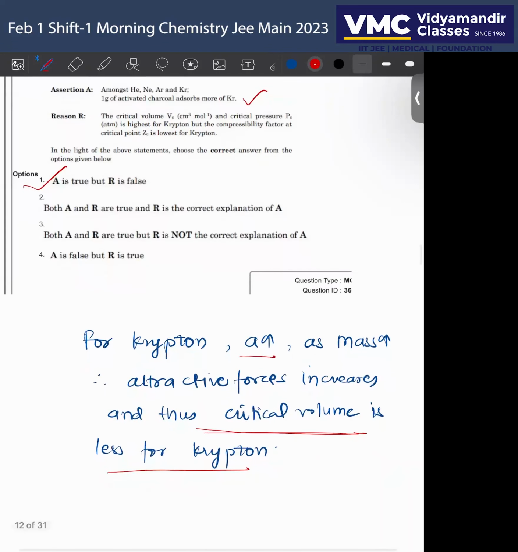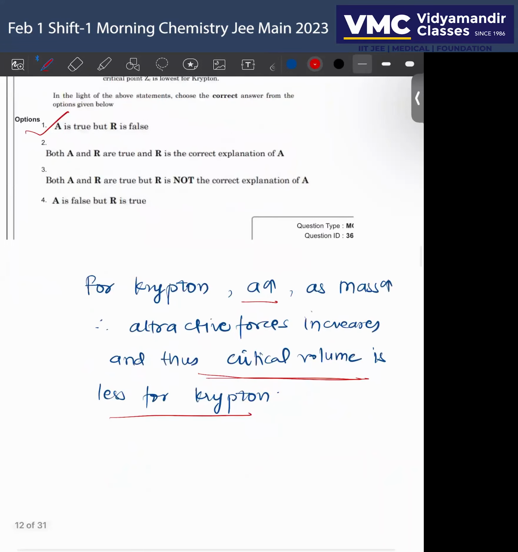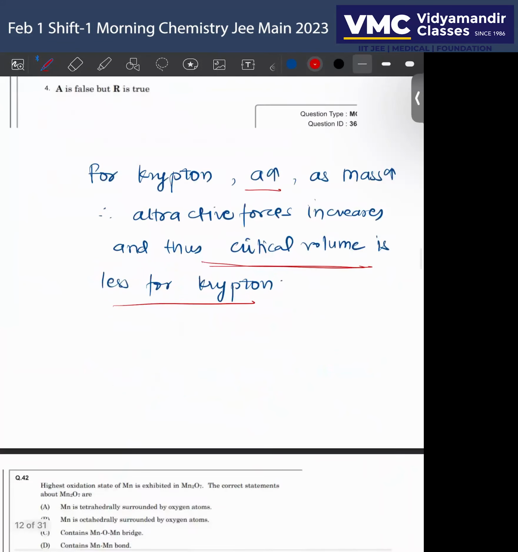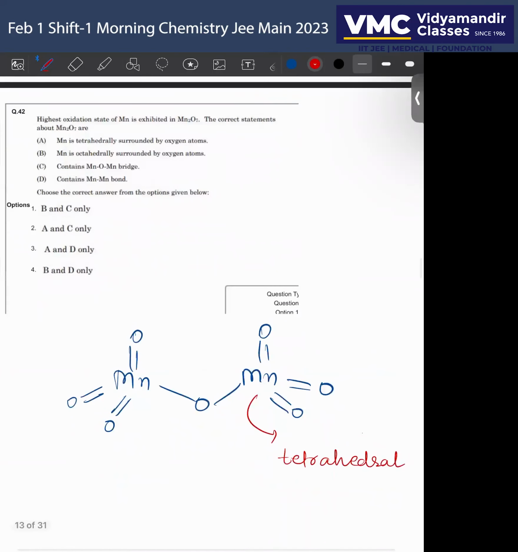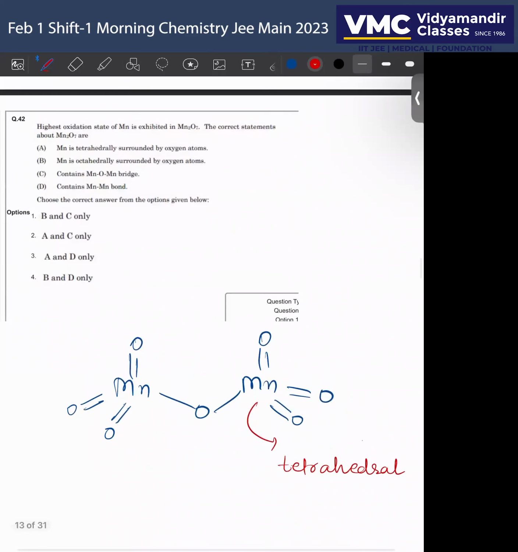Next, you have to mark the correct statement regarding the highest oxidation state of Mn, which is exhibited in Mn2O7. See, if Mn2O7 exhibits the highest oxidation state, therefore we can say that it will be in the +7 oxidation state, and hence there is an oxo linkage present over here. So the structure will look like this.